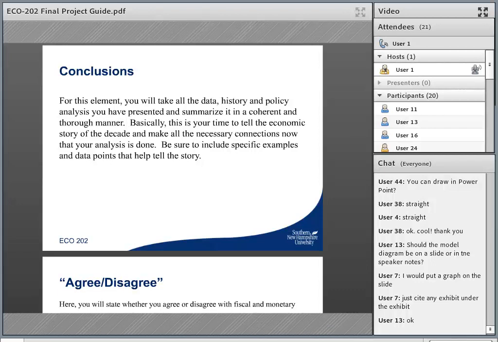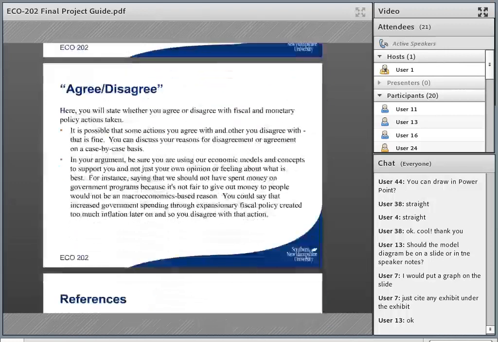For one decade, it might be a major shock. For another decade, it might be a major policy change. So it's really up to you what you want to focus on. But we want it to be a general summary and to include some specific data points. So you're going to have the main stuff on the slide and then go into a little bit more detail in the speaker notes like we always do.